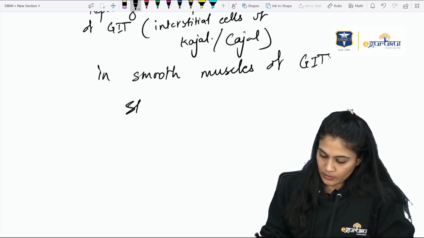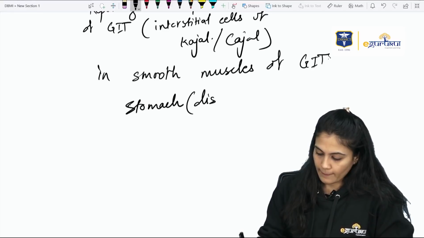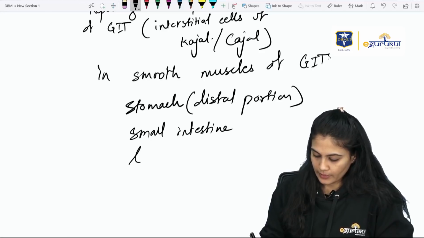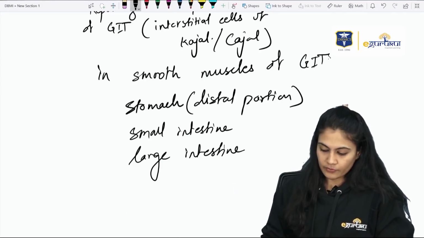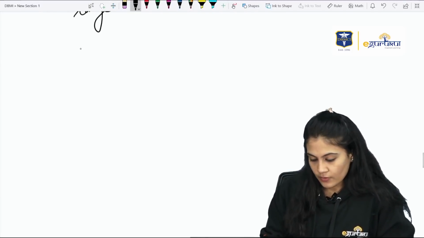The distal part of the stomach, the small intestine and the large intestine have these cells in their smooth muscle. They are going to have the interstitial cells of Cajal.